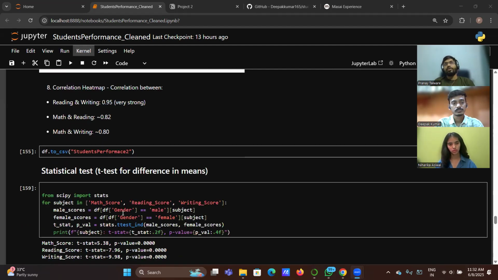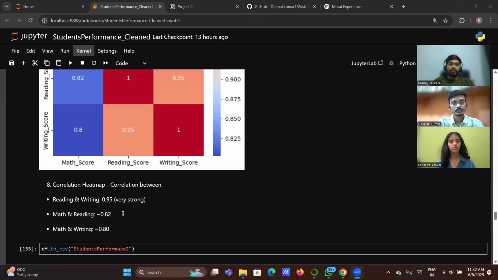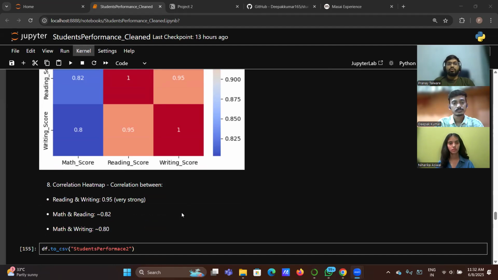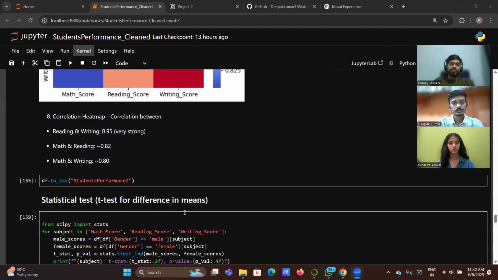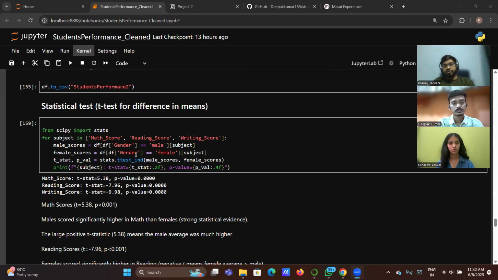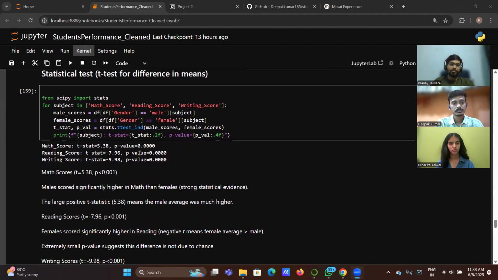After that we went for the statistical analysis, because before this we were doing everything by visualizations. To support that visualization we need some kind of proof, so we did the statistical testing in terms of gender, on the particular scores: math score, reading score, and writing score.